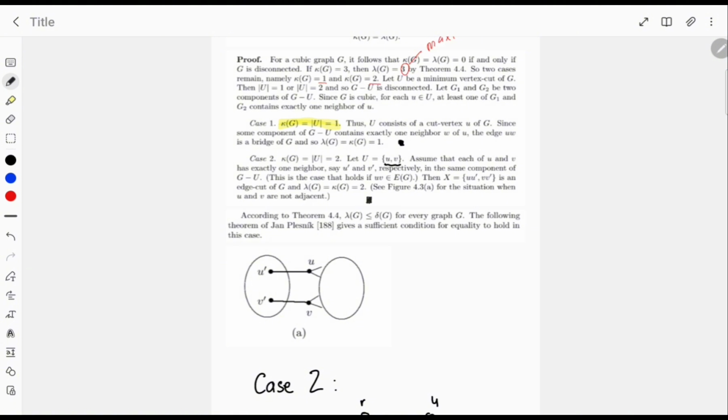So according to theorem 4.4, lambda of G is less than or equal to the minimum degree, we already have proven this one, for every graph G. So the following theorem of John Driscoll gives a sufficient condition for equality to hold in this case.